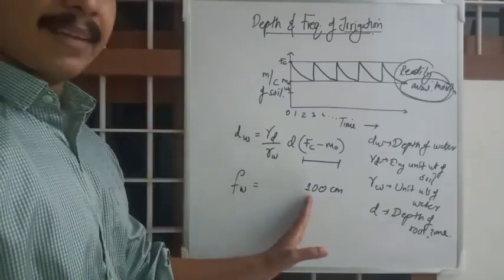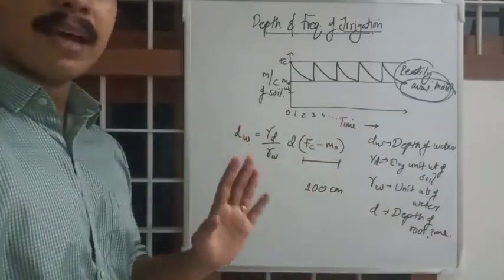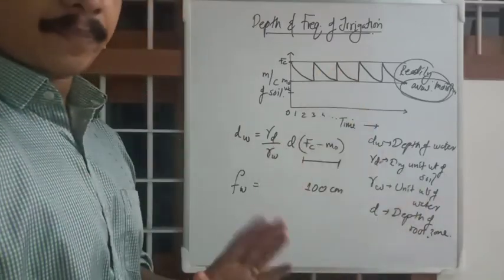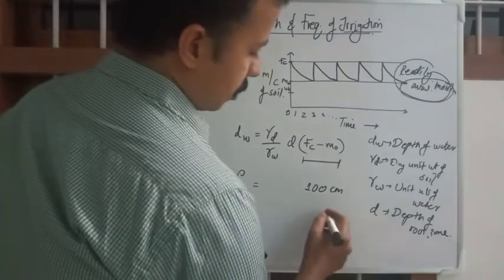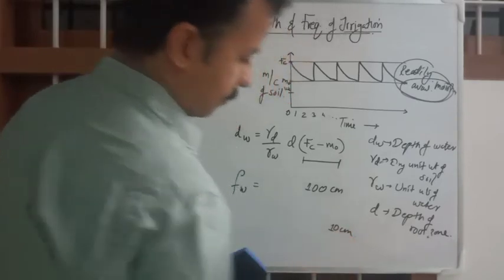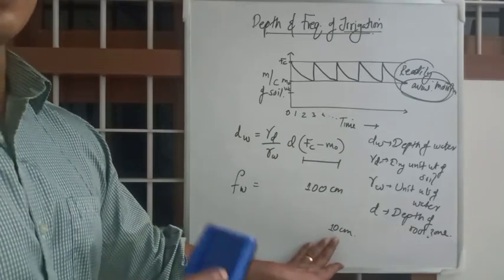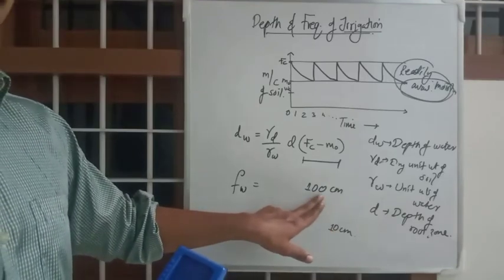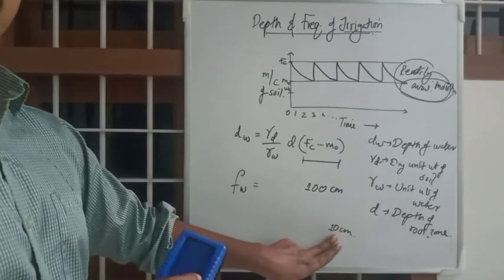Suppose it's a very big value. Suppose you pour 100 centimeters of water into the field on Monday, and daily there will be 10 centimeters of consumptive use of water by the crop. Suppose you are growing paddy: on Monday you pour 100 centimeters, and each day there is a consumption of 10 centimeters.